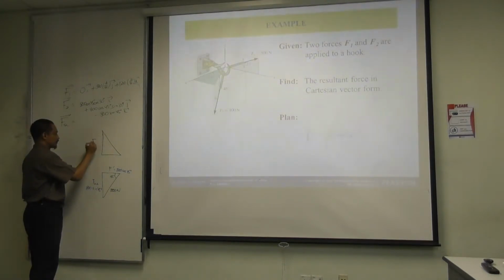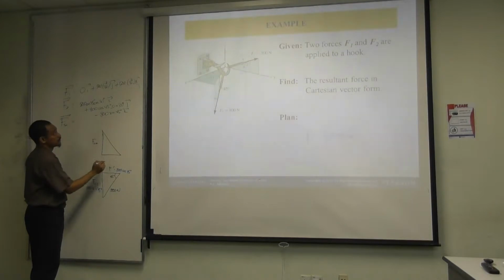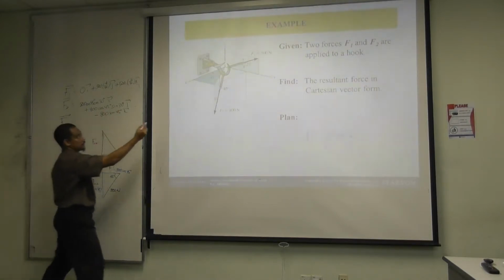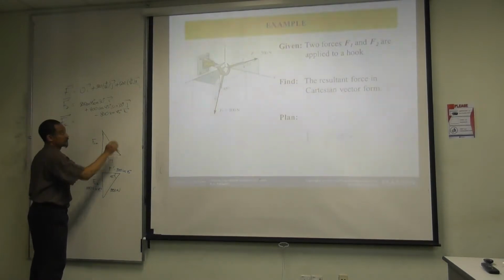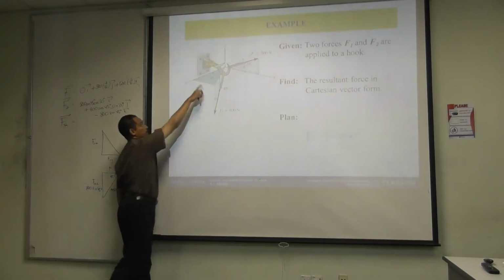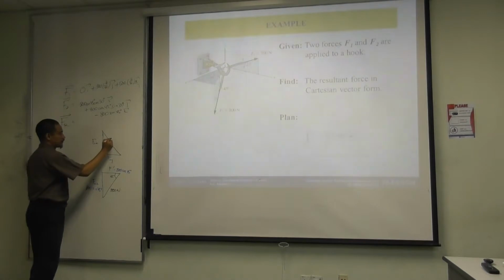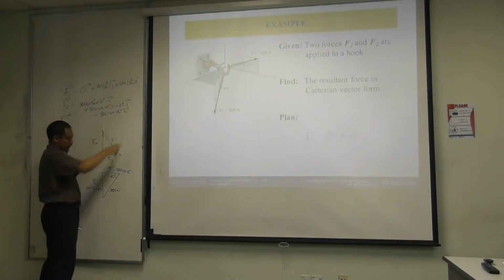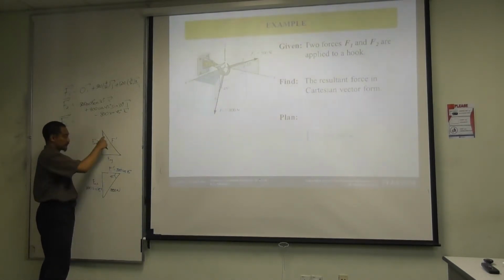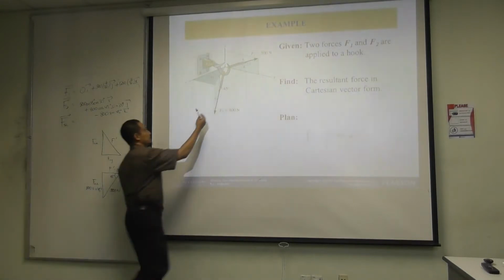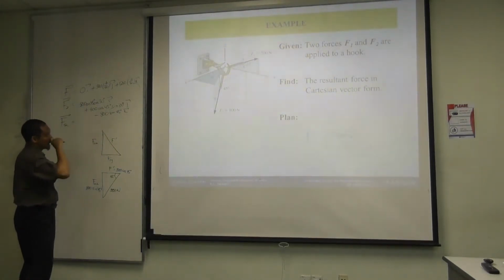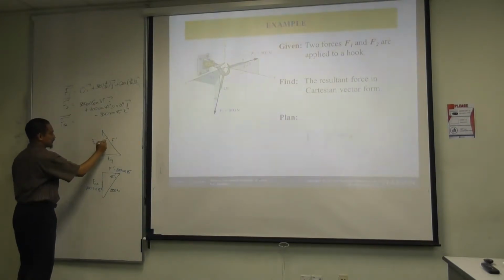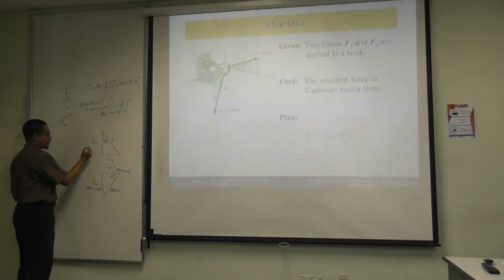Where this is F2X, which is this one, and this is F2Y, the Y component, and then you have F prime here, right? It's the same line as this one, the diagonal here. So from here, you have this 30 degrees, right? Just looking at this, can you express F2X equal to what?